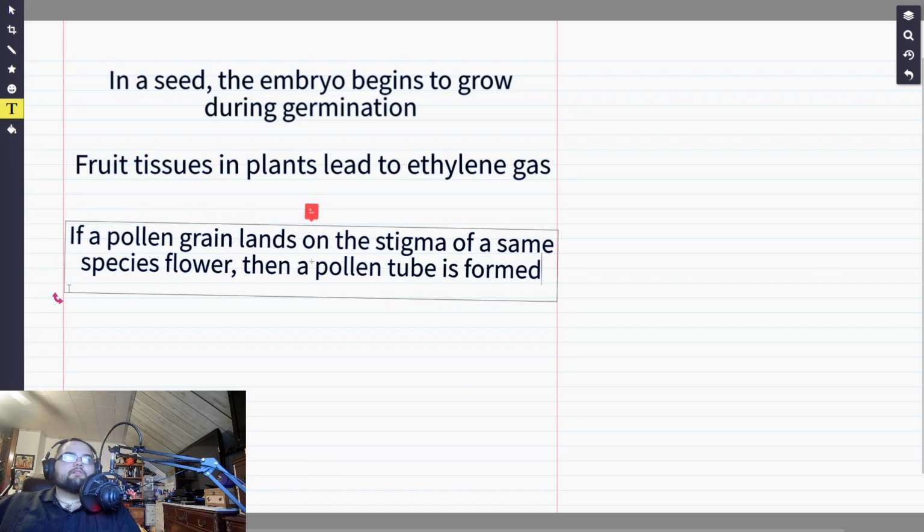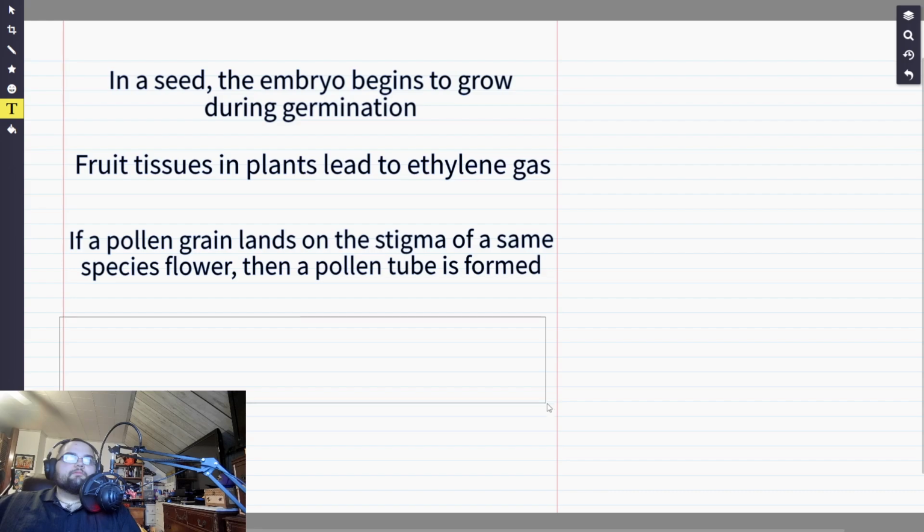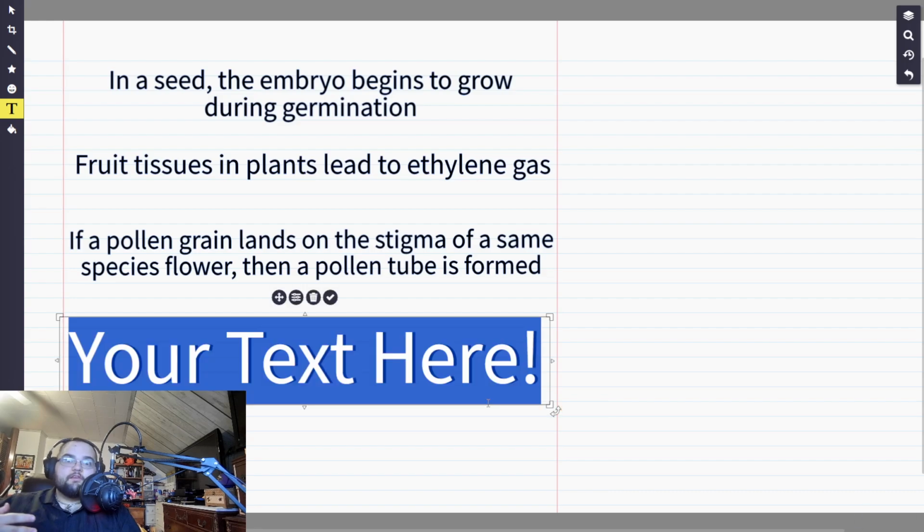I don't know how to fix it. Oh, there we go. So the pollen grain lands on the stigma. The pollen tube is formed, but it's got to be the same species. Cross species don't work. Can't take a dandelion and a rose and get a dandelion. That would be cool though.